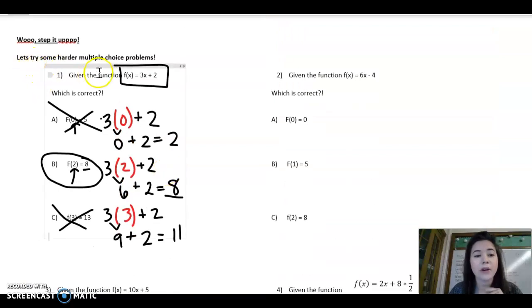And then the last one, given the function which is correct, again, if you plug in 0, this is what you should get out. If you plug in 2, this is what you should get out. So you're testing them and seeing if they're correct or incorrect and circling the correct answer.